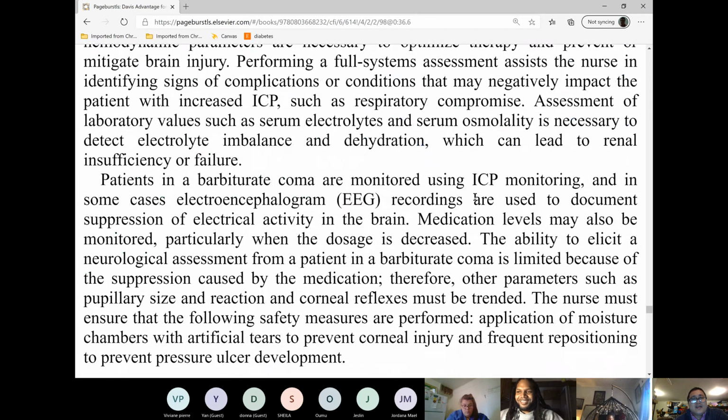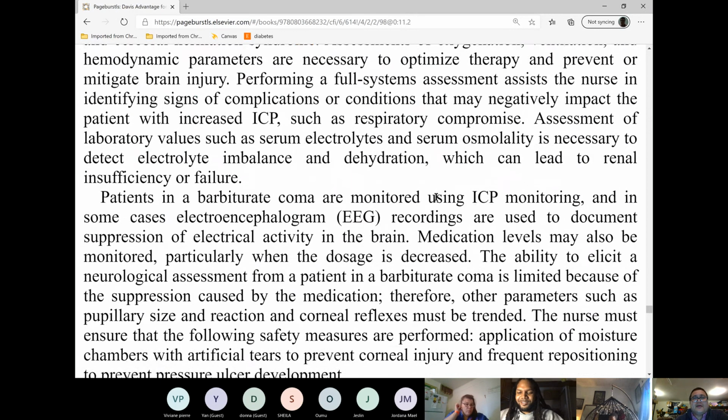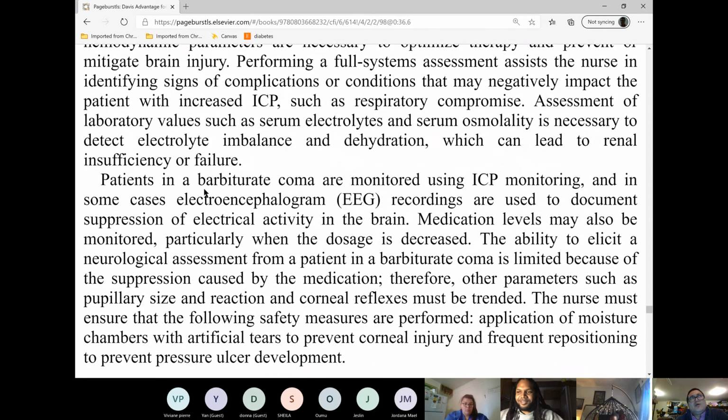Other interventions: if the ICP continues to rise and we did the craniectomy already, now the patient will be put in a barbiturate coma. The purpose is to decrease the metabolic activity as well as the demands of the brain, meaning you're resting the brain.